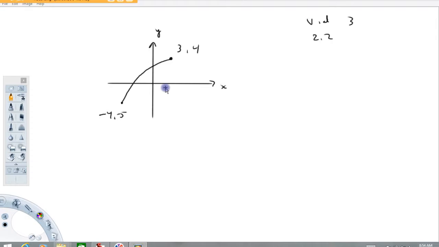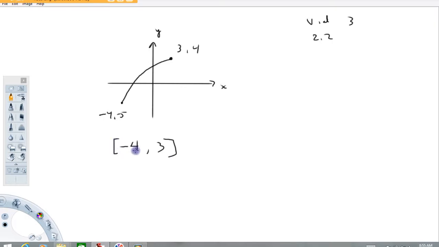When they say what interval is it increasing on, it's increasing as long as x is going from -4 to 3. So in interval notation, we would write it like this. -4 to 3. Looks like it's increasing right there, so I'm going to go ahead and include those values.